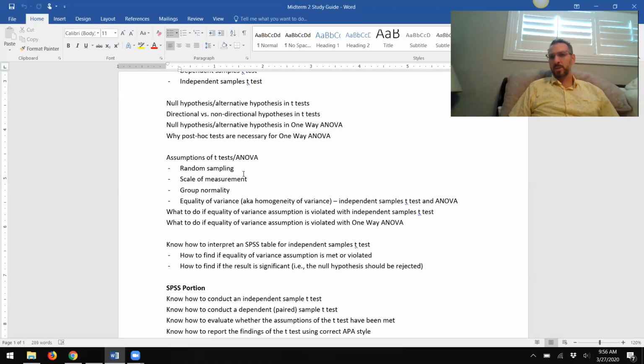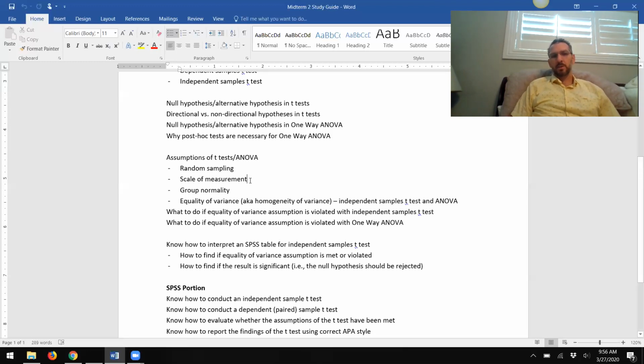If it's not random sampling, you could potentially pick 5 people to basically make your point, and that's not going to be a valid finding. So the assumption of random sampling is really keeping you honest about whether you are getting a sample that is going to represent the population you're trying to say something about.